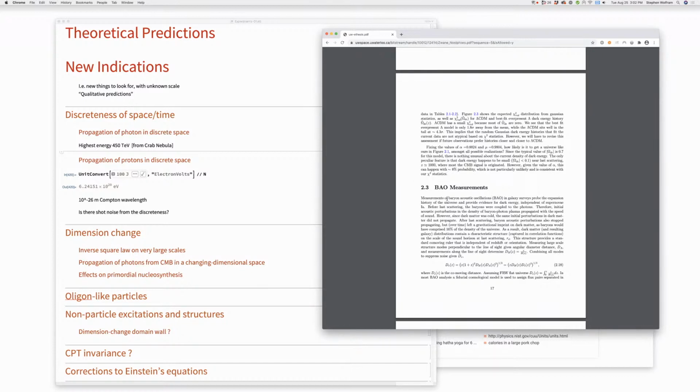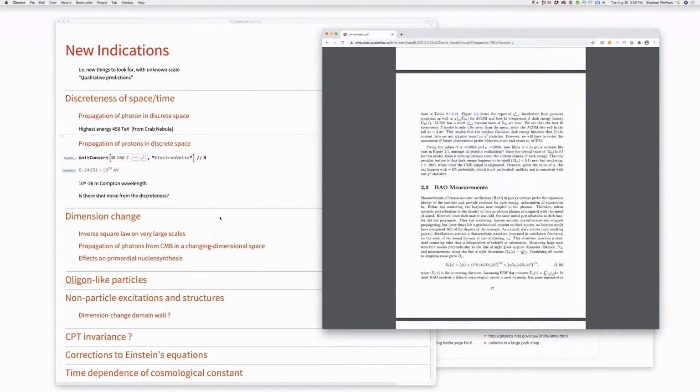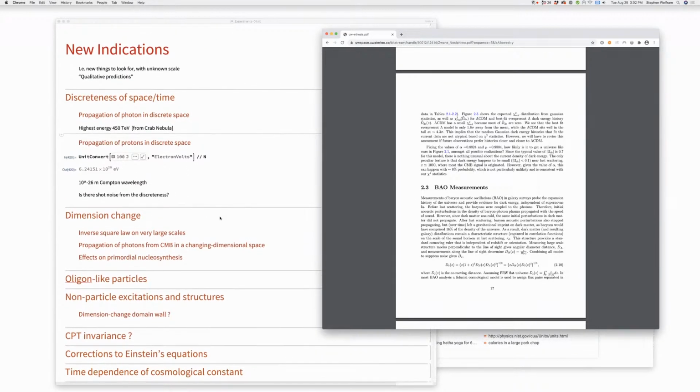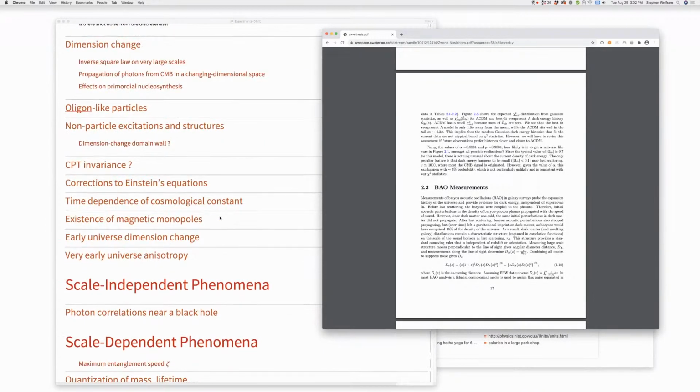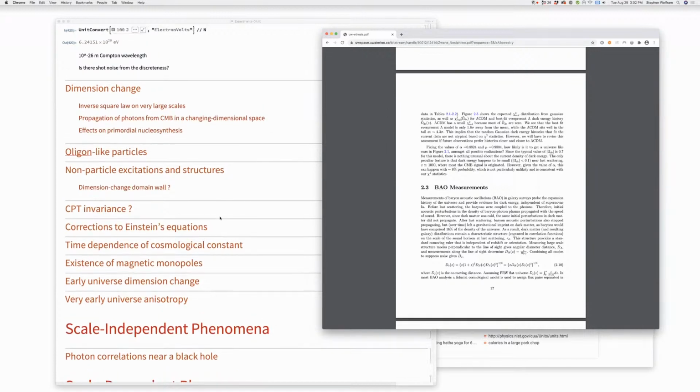Yeah, so these baryon acoustic oscillations are basically part of the story of non-uniformity in the cosmic microwave background, which I don't think we listed here.